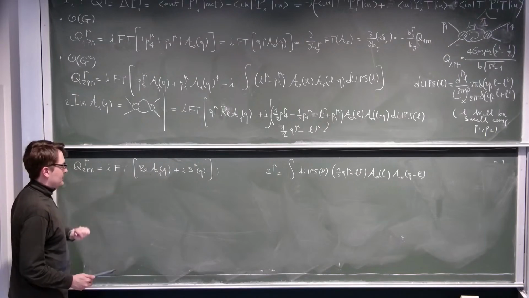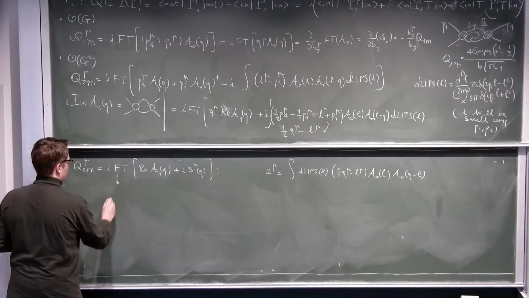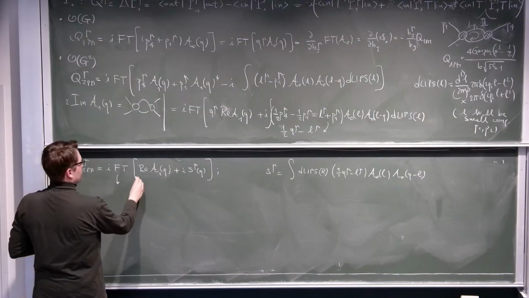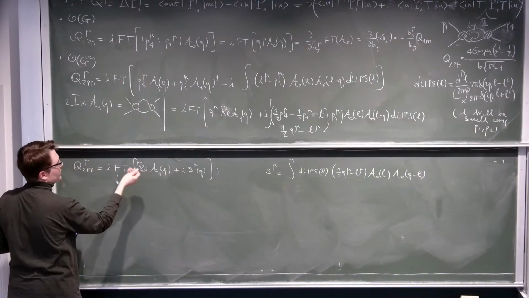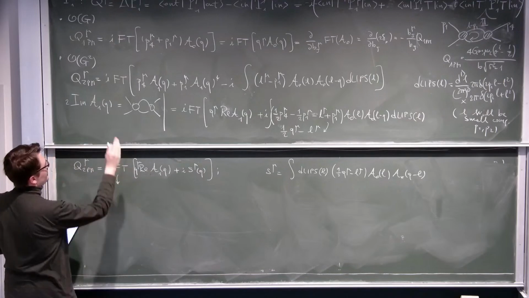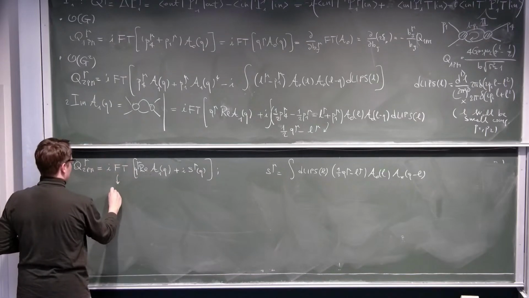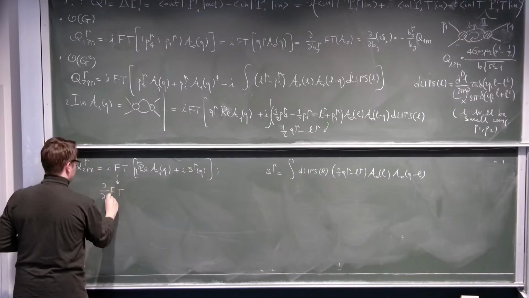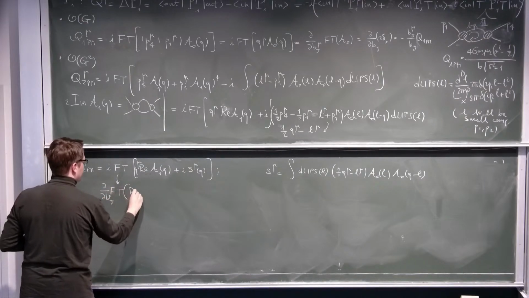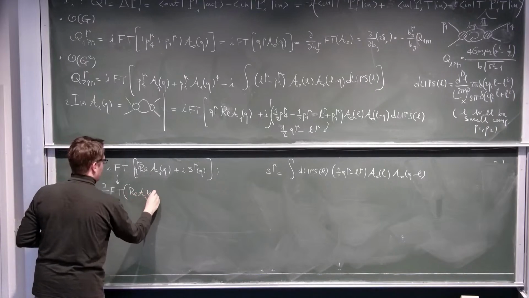First, the easy piece, which is this guy, times q mu. I forgot. So for this guy, we can play exactly the same game that we played for the three-level case. So this is going to be the Fourier transform, the ddj of the Fourier transform of the real part of the one loop amplitude.